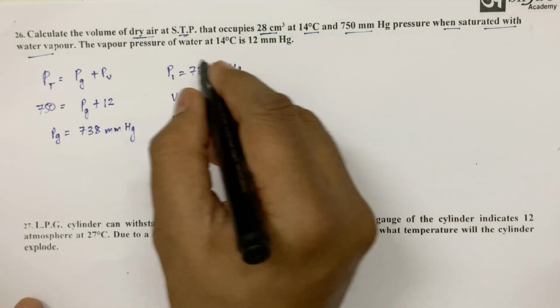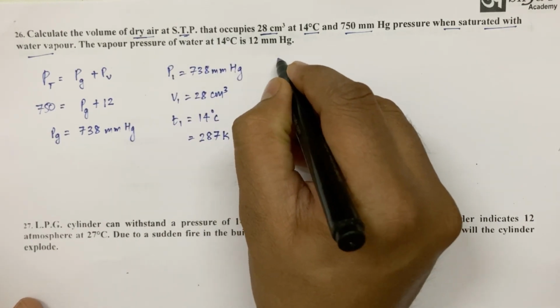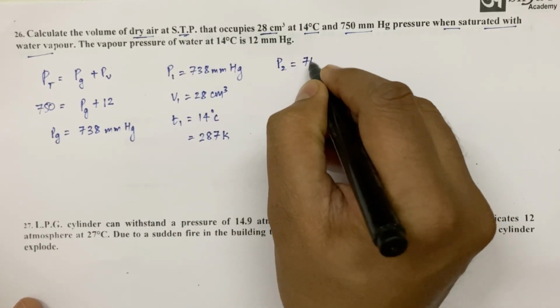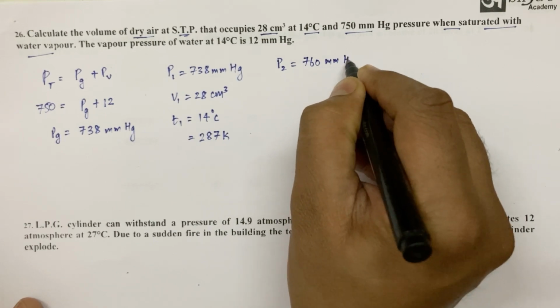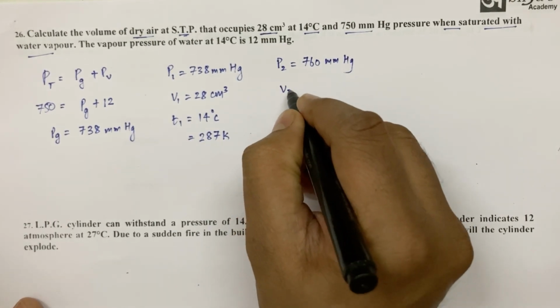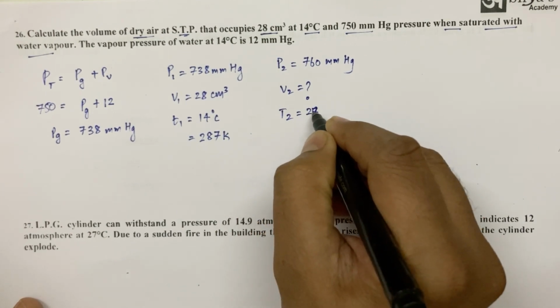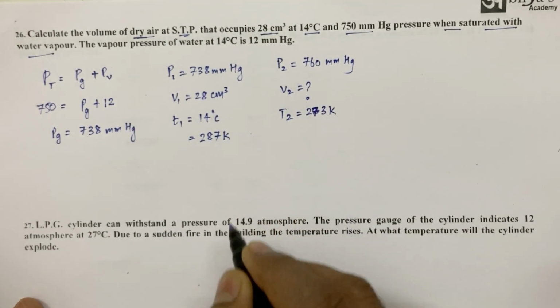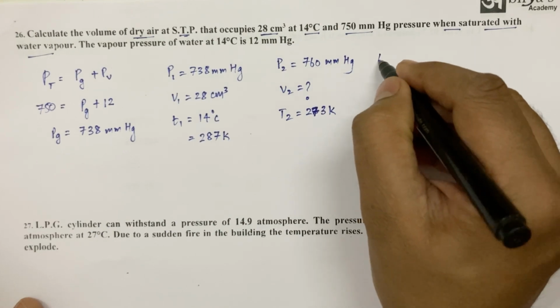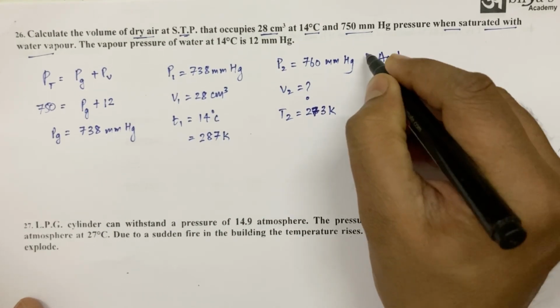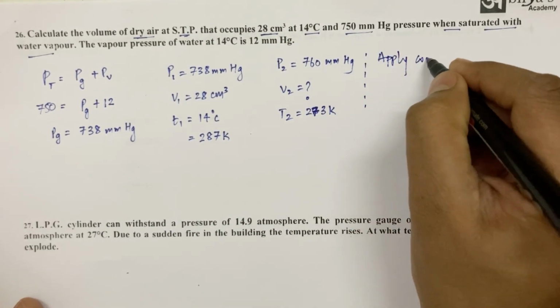Okay, and they are asking it at STP. So at STP, P2 is equal to 760 mm Hg, V2 will be question mark and T2 will be 273 Kelvin. So now apply combined gas law.